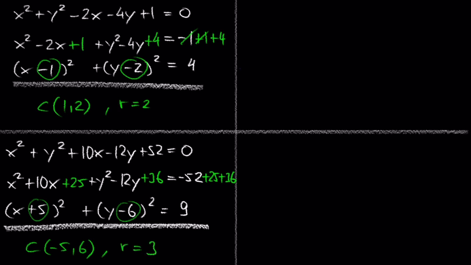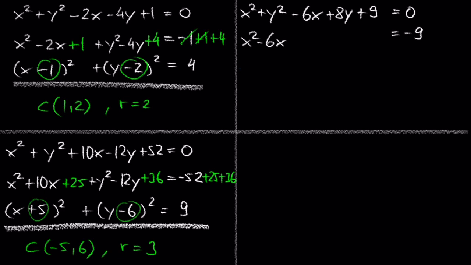What about this example? x squared plus y squared minus 6x plus 8y plus 9 equals 0. We bring the constant term 9 to the other side, which becomes negative 9. And on the left hand side we get x squared minus 6x plus y squared plus 8y.